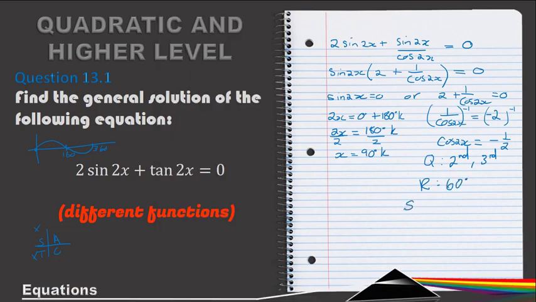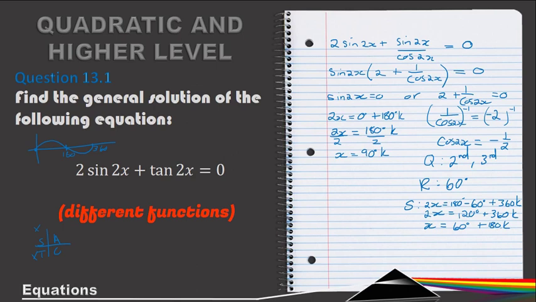And then we solve. The first general solution happens in the second quadrant, and that's where it's 180 minus the reference angle. So 2x is equal to 180 minus the reference angle plus 360k. Simplifying this, we've got 2x is equal to 120 degrees plus 360k, and then dividing everything by 2, we have x is equal to 60 degrees plus 180k.